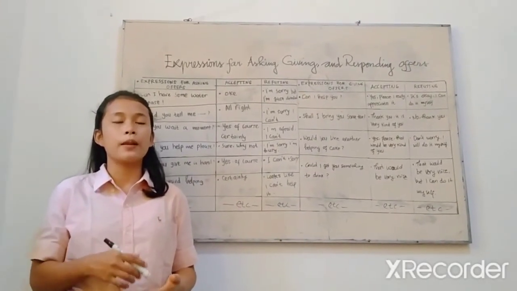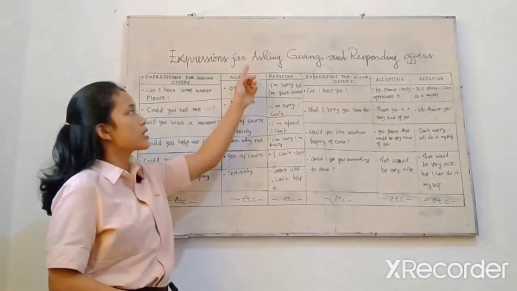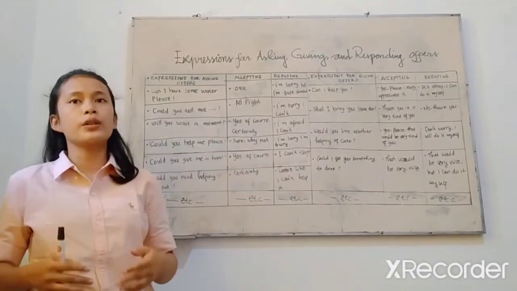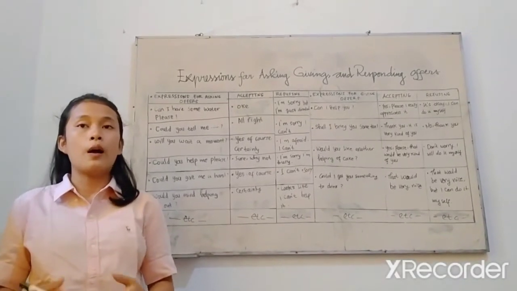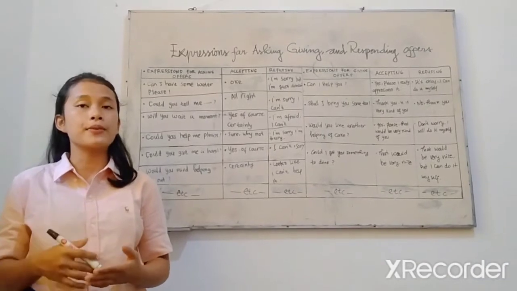Okay, I will explain the material today. The title is Expression for Asking, Giving, and Responding to Offers. As we know, expression for offers came from the word offer, which means to give something physical or abstract to someone.